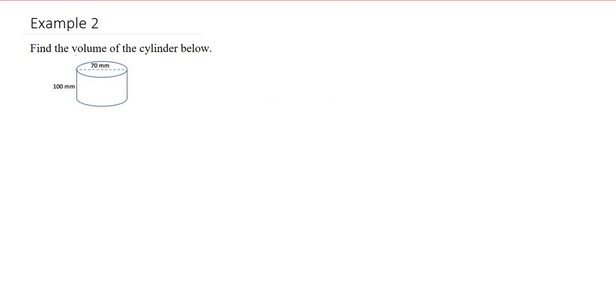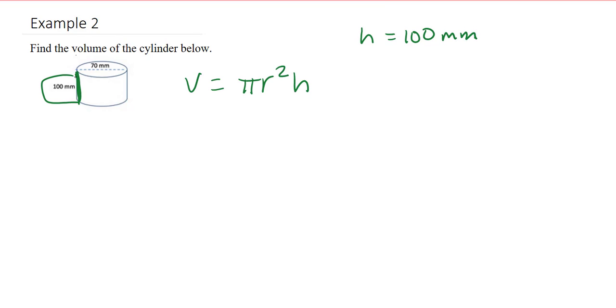Example 2. Let's find the volume of the cylinder below. So our formula, so we have a height of 100 millimeters. From here, right, this is the height.